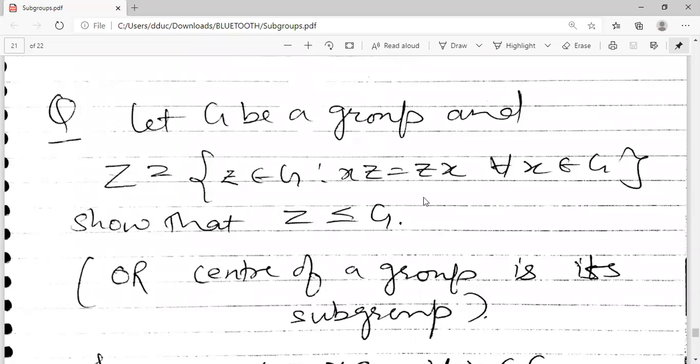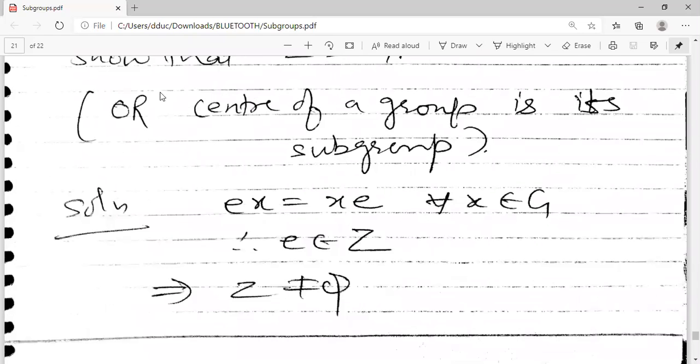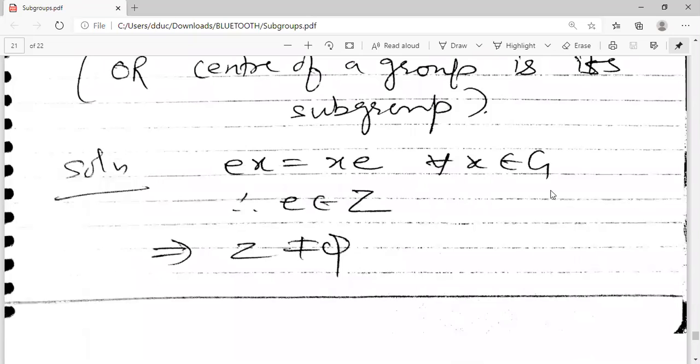All those elements Z such that XZ is equal to ZX. So if identity is here, you have to show that X into E is equal to E into X. So EX is equal to XE for every X belonging to G. So identity belongs to Z.